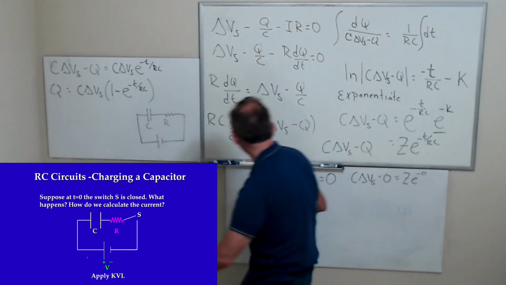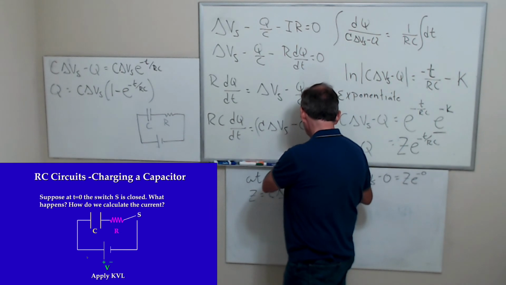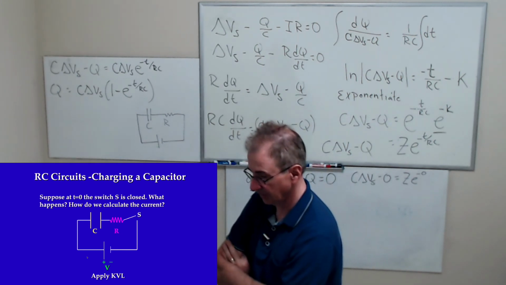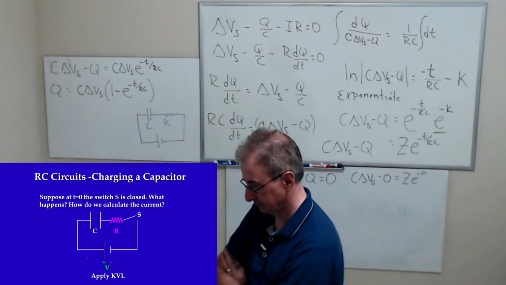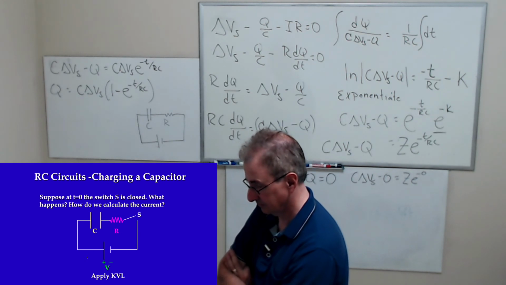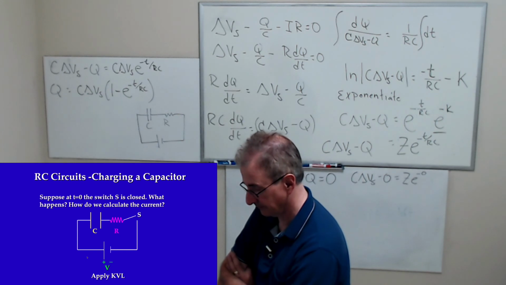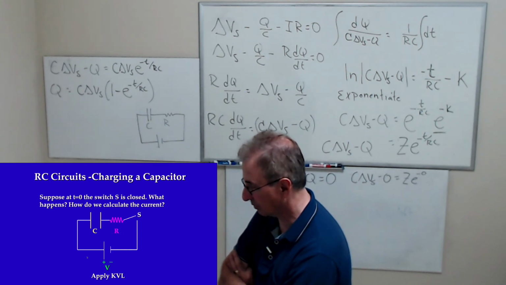We have to know what these mean. Anybody? What can you say about the current when the capacitor is fully charged? Are there electrons moving? We learned that in chapter 26. No, there's no current.